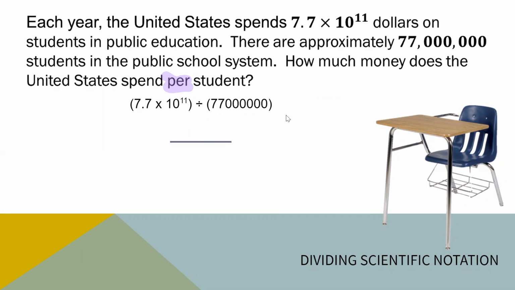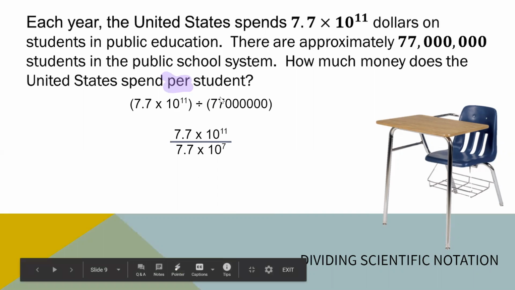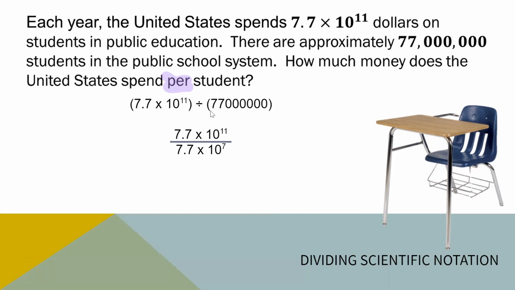I can't really look at this as is, just like that McDonald's problem. I'm going to convert this into a number that's written in scientific notation. And so that's what I did on the denominator. So I also grouped that up so it's over top of each other. I can see that my factor is 7.7 and I moved that decimal over 7 times to get 10 to the 7.